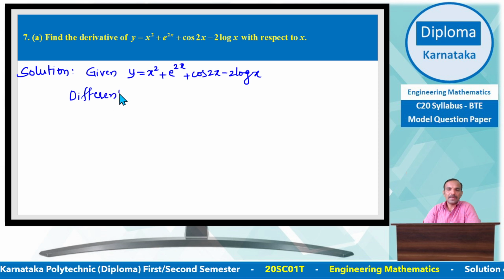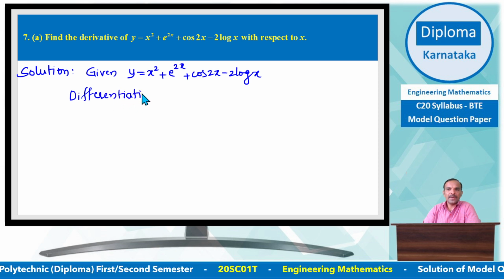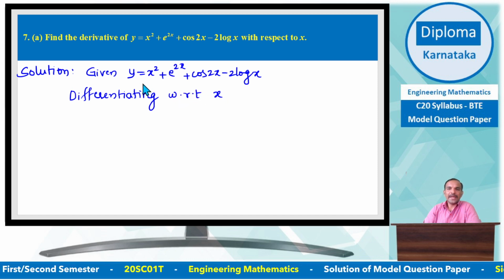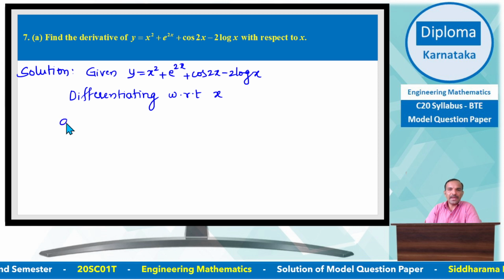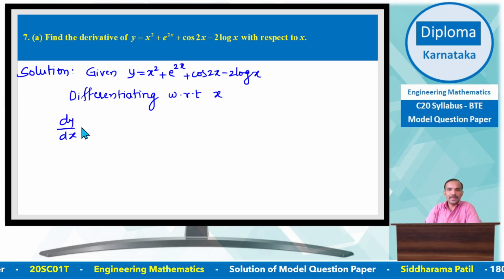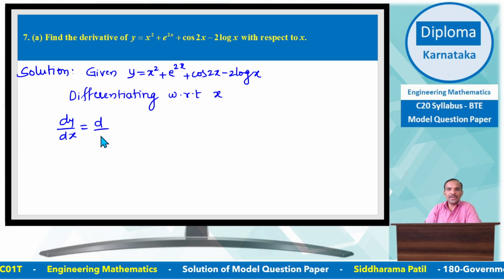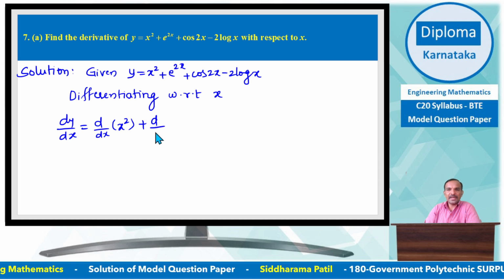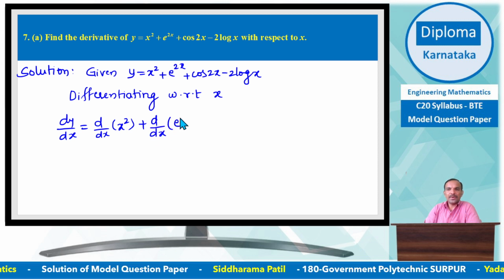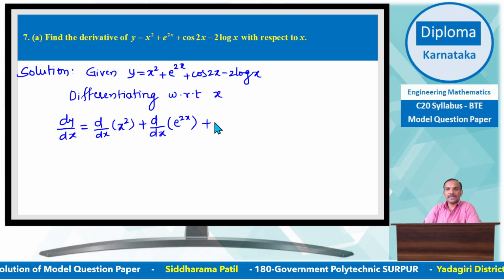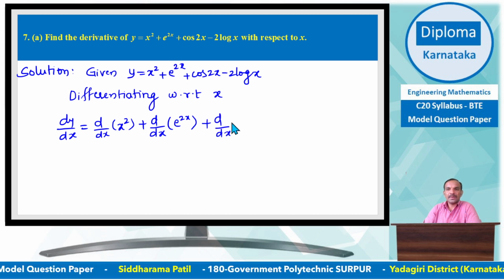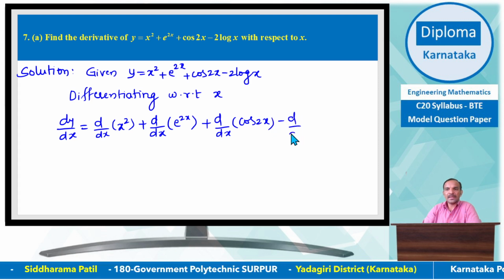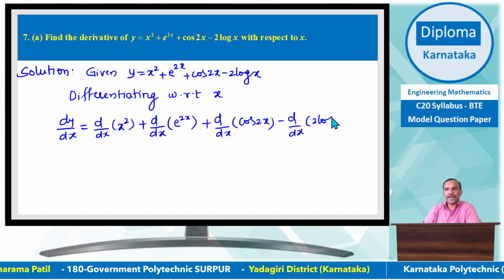Differentiating with respect to x, dy by dx is equal to the differentiation of x square, the first term, plus the derivative of e to the power 2x, plus d by dx of cos 2x, minus d by dx of 2 log x.